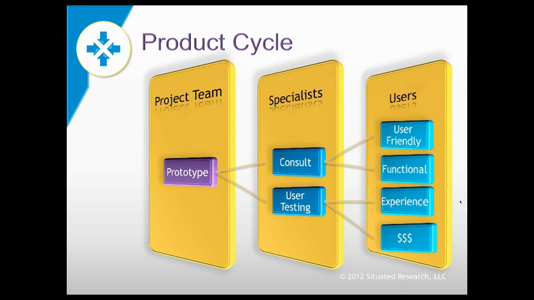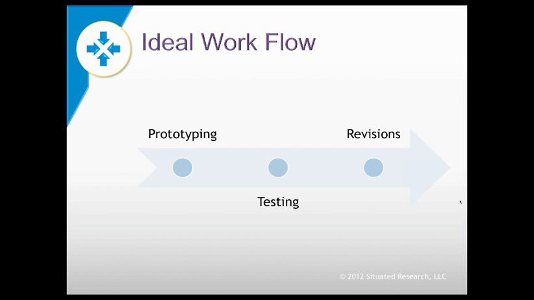And they want to make sure that product is user-friendly. They want to make sure that it's functional. They want to make sure that it creates that ultimate user experience so they can come back again and again and again. Because that's going to bring you money.